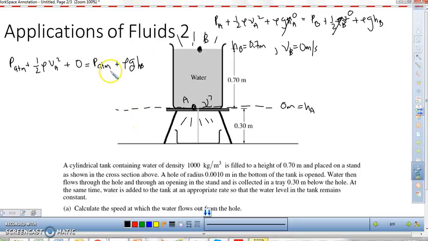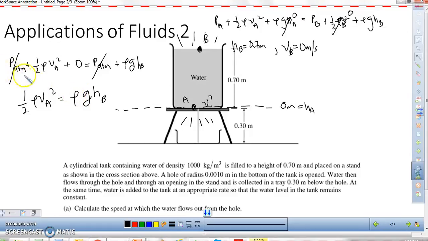Since these two terms are in the same spot, if I subtract one from the other, we'll find that this goes away. And then this reduces down to something that looks a lot like kinetic energy and potential, right?